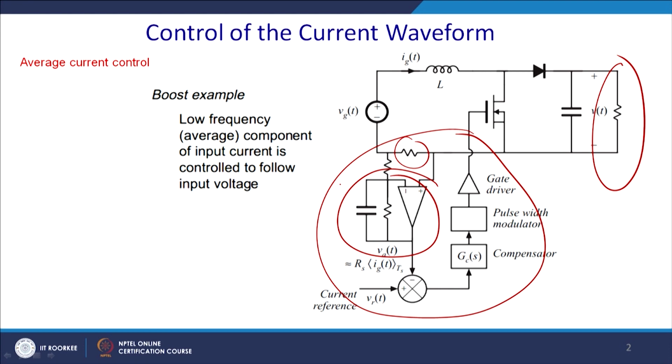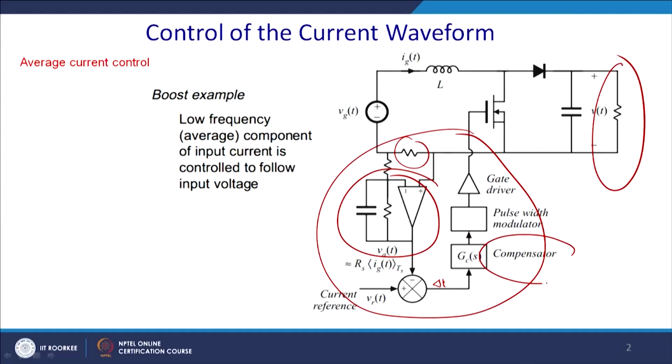So, it is a practical PI controller, with an integrator and a parallel path, and you have a current reference that will be compared. Then this error, delta I, is fed to the compensator.